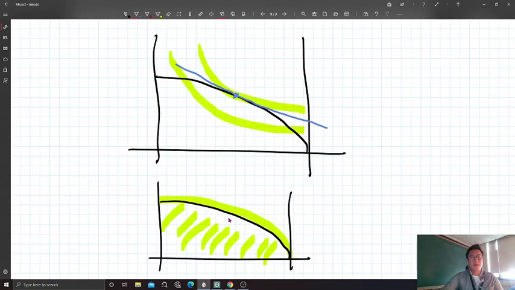Then in order to maximize consumers' well-being, the planner will choose, because this utility level cannot be achieved given this technology, this point where consumers' indifference curve is tangent to the production frontier. That is the same allocation that can be achieved by market mechanism.